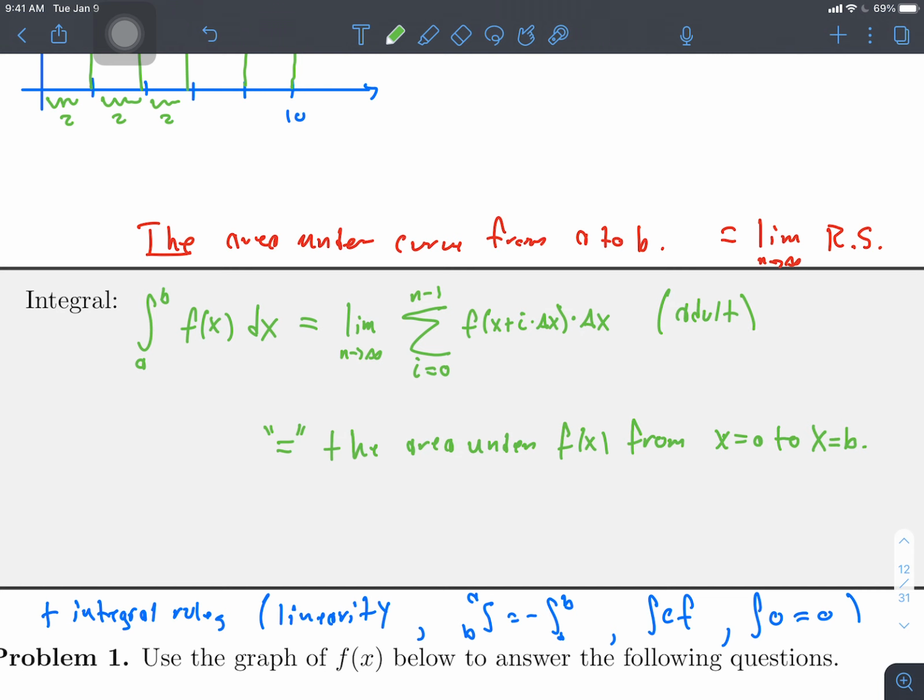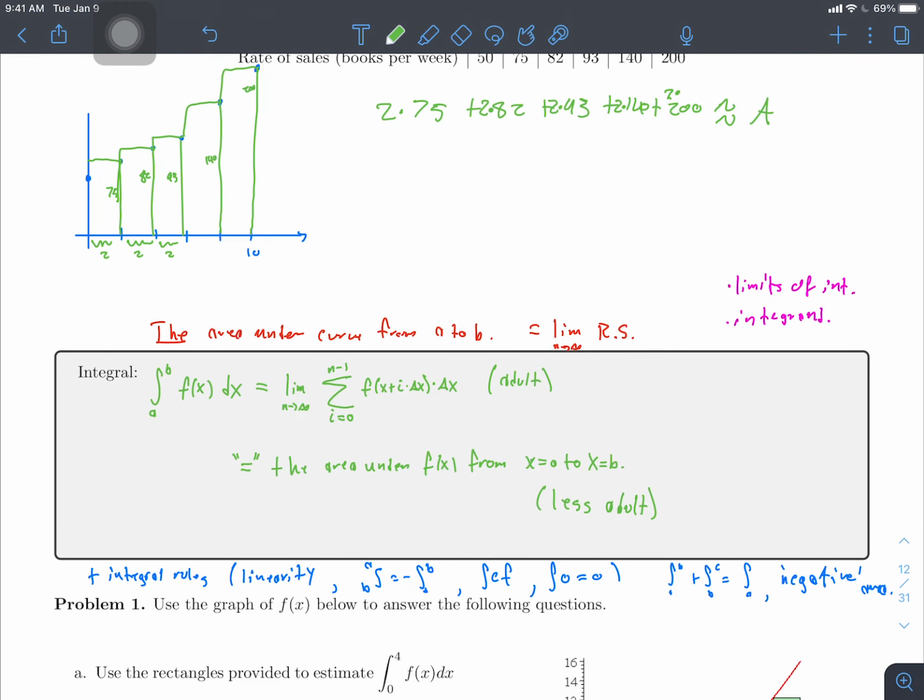Okay, so we get the adult version and the less adult version. I think the less adult version is helpful to intuitively understand what this integral is all about. It's about finding the area under a curve. Now, the adult version tells you how to do that.